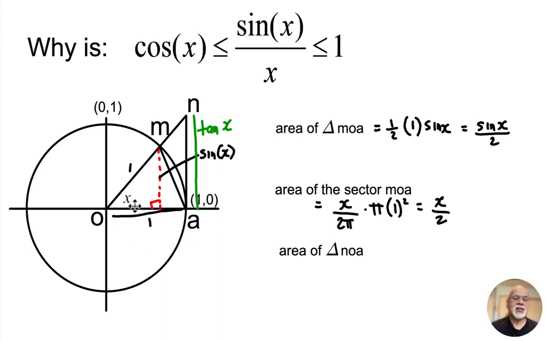So the tan of x. So the area of triangle NOA would be 1/2 the base, which is 1 again, times the height, which is tan x. And so this ends up being tan x divided by 2.